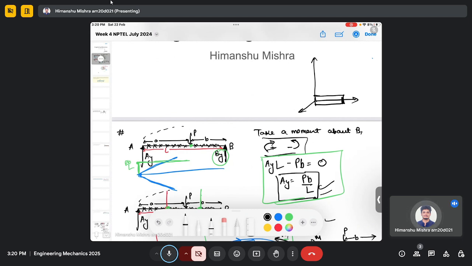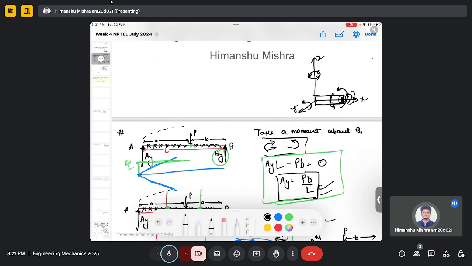If you have a moment and you are talking about a three-dimensional system, then it can actually rotate about this z-axis, it can rotate about the y-axis, and it can also rotate about the x-axis. So basically, the torque is acting when the moment is trying to twist this body.